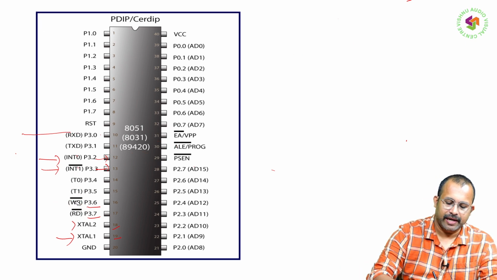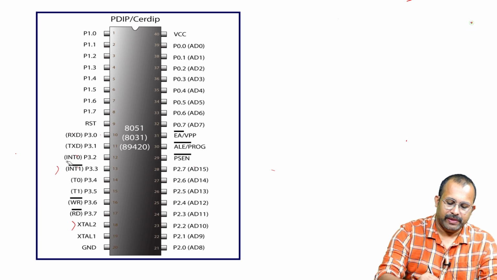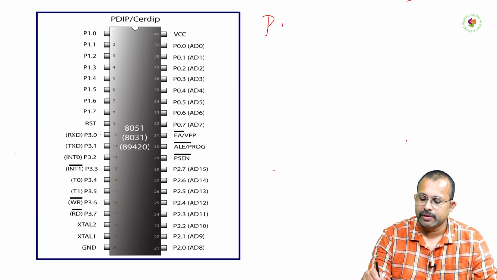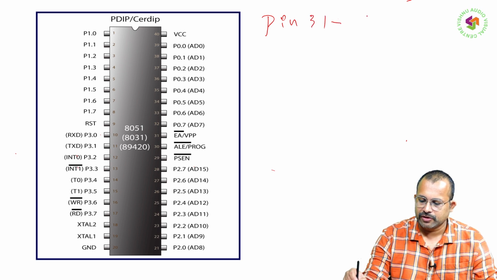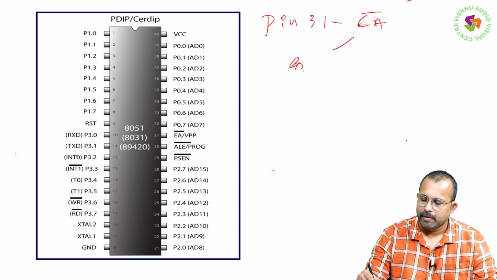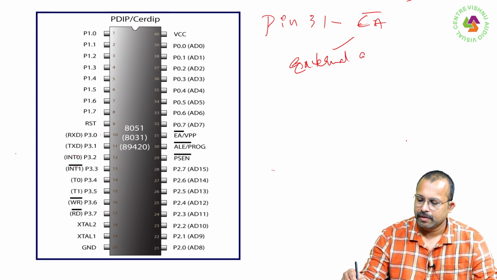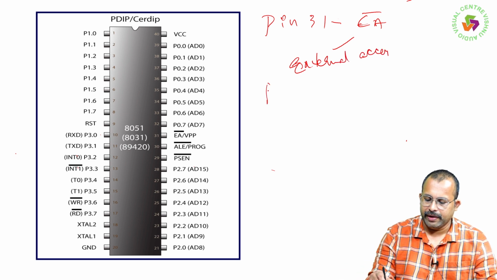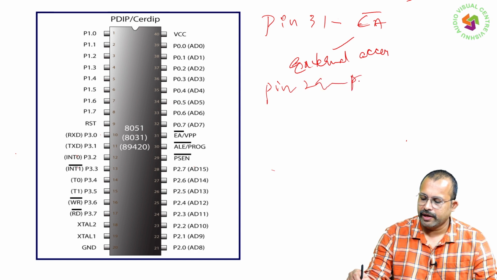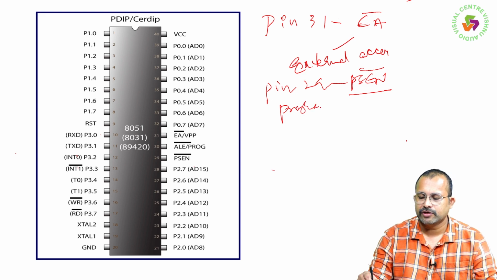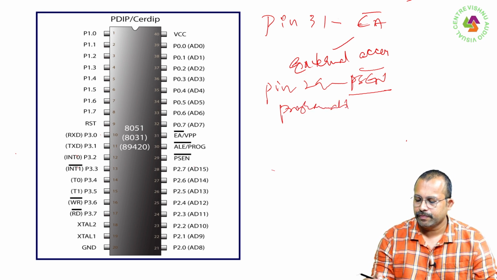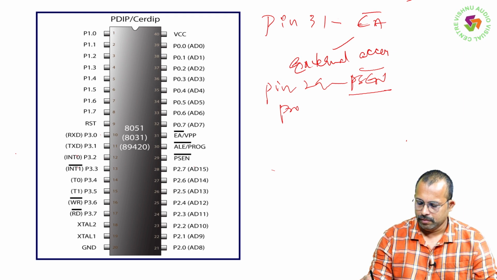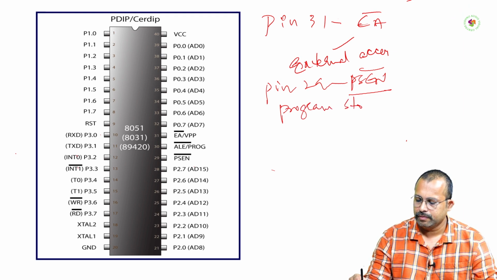Pin 31 is called EA bar, to abbreviate, external access. And pin 29 is called PSEN bar, program store enable.